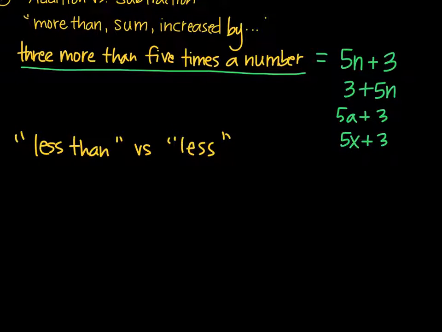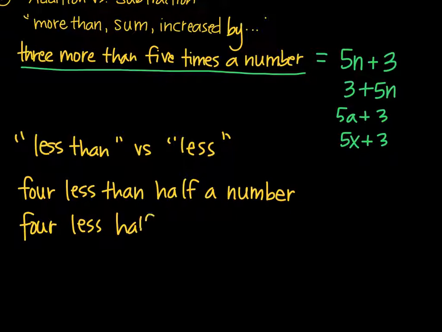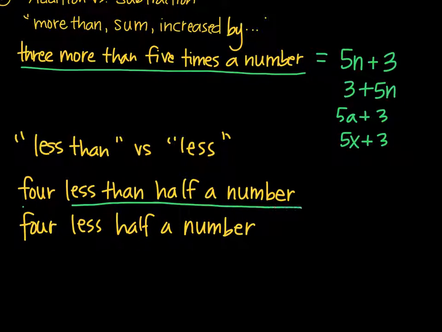So, for example, you might have 4 less than half a number compared to 4 less half a number. And so they both imply subtraction, but the order is going to be different. So one of them is less than, and the other one is just the word less.